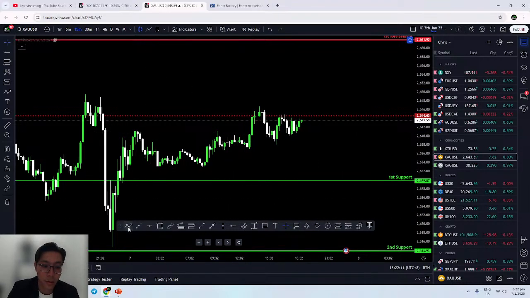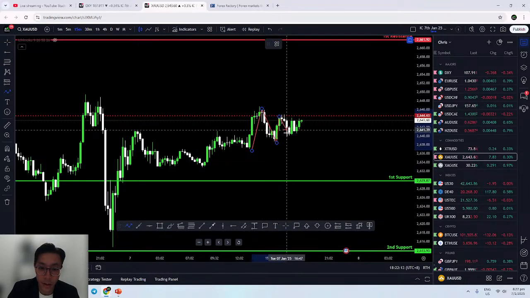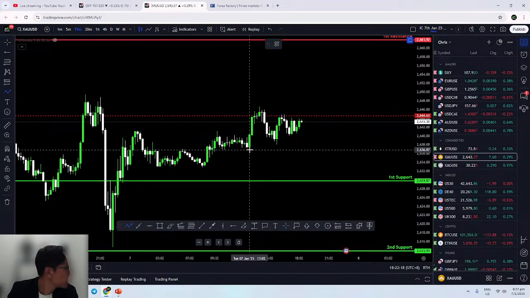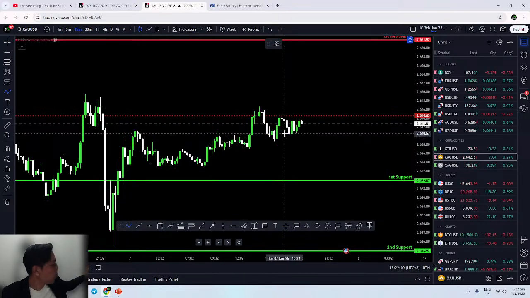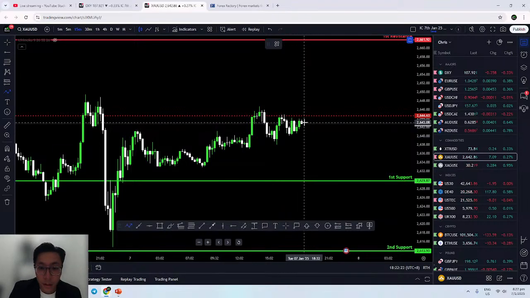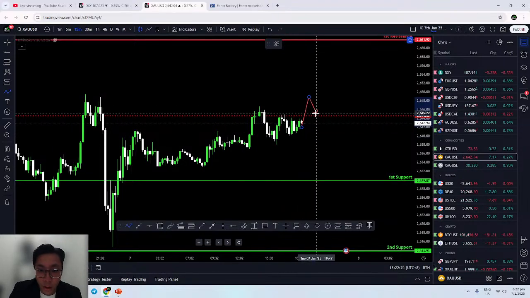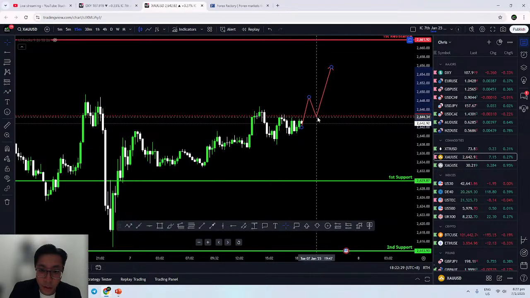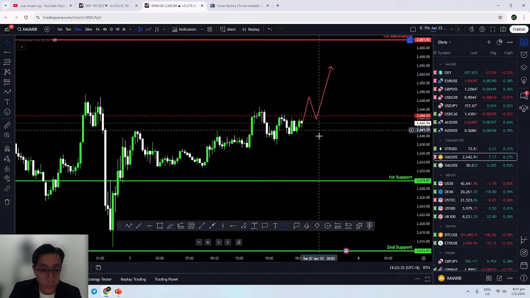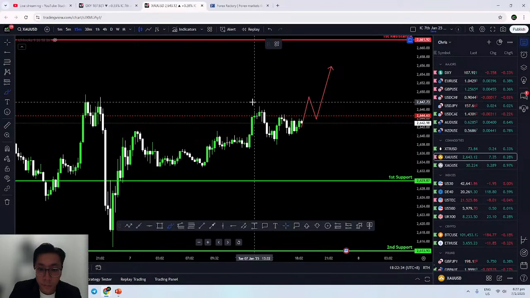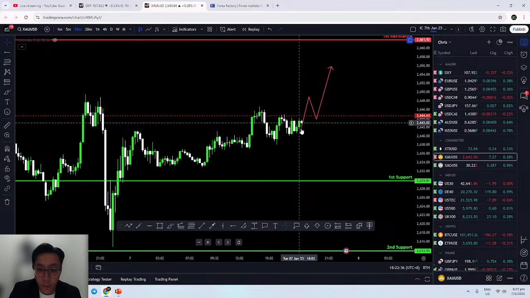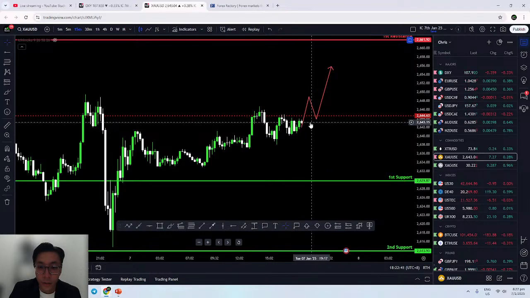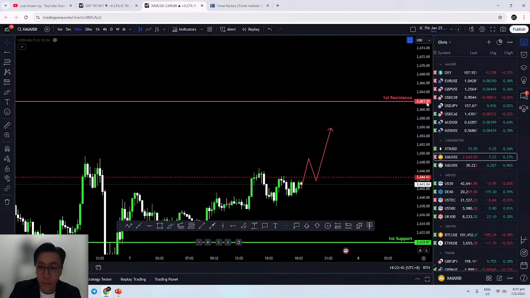If price is consolidating in this area, what we are looking at is very simple stuff again. We are looking for a break and test, and enter off, same thing, enter off here. So this is what we are looking for. We are waiting for price to break past, then enter off, same thing.